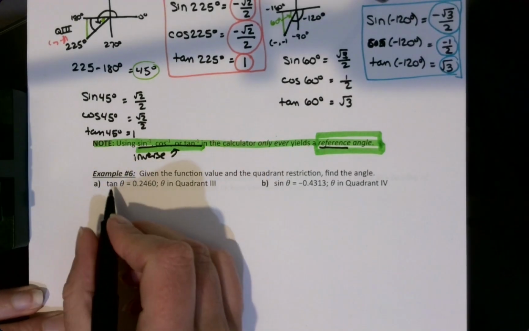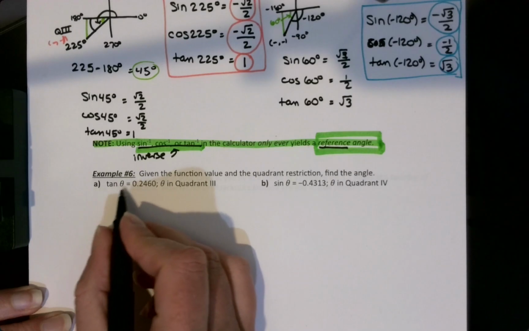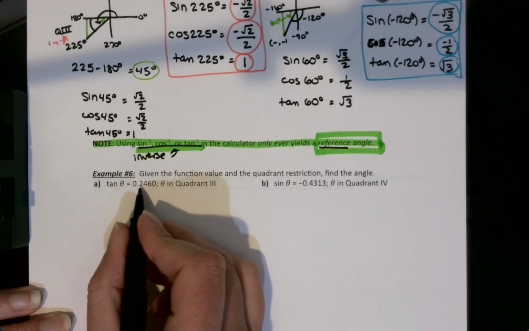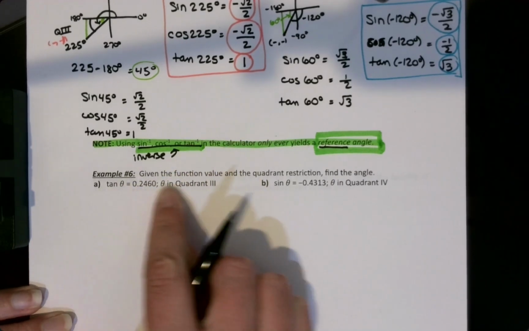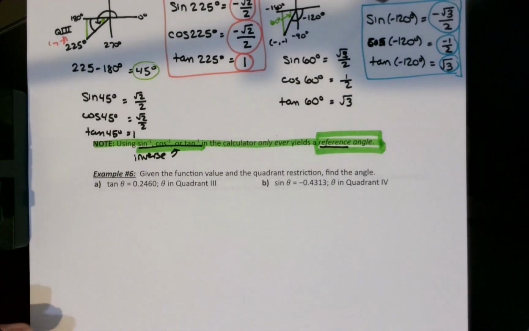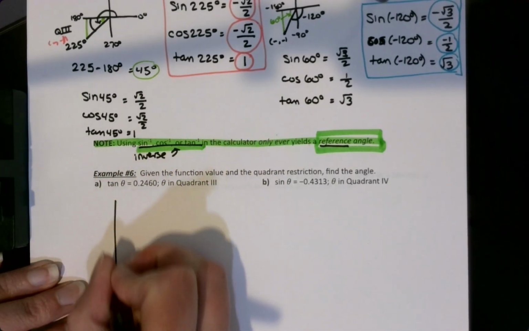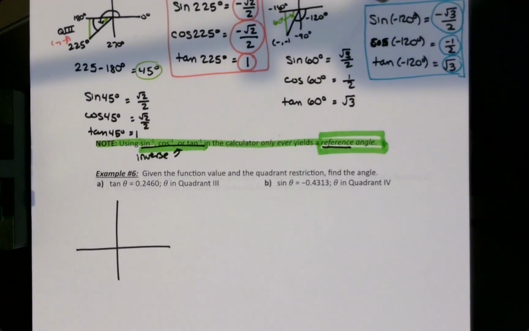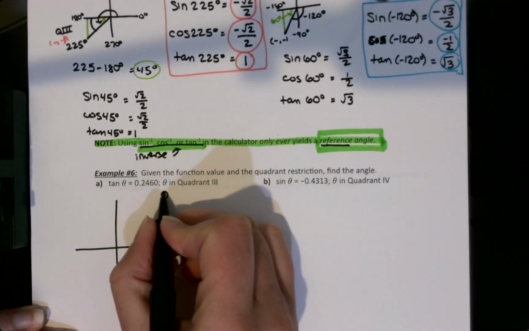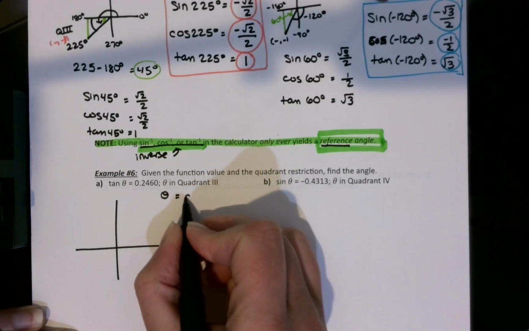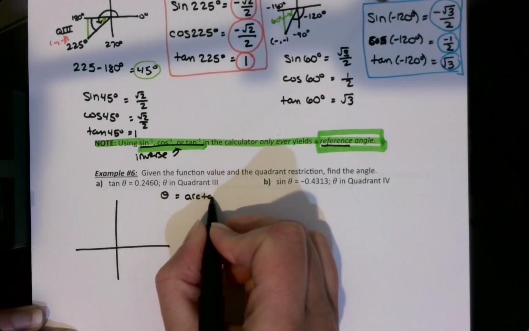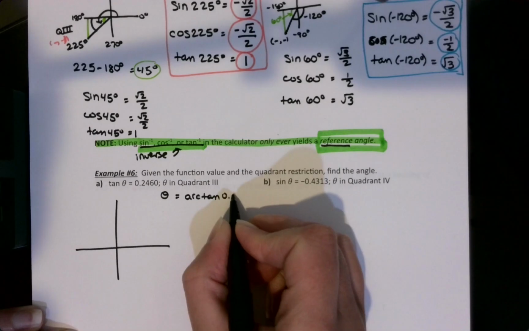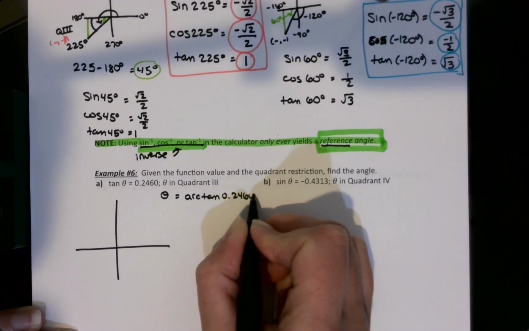Here, I know that the tangent of some angle theta is 0.2460, and this angle needs to be in quadrant 3. All right, so what I want to do first is find theta by taking the arctangent of 0.2460.